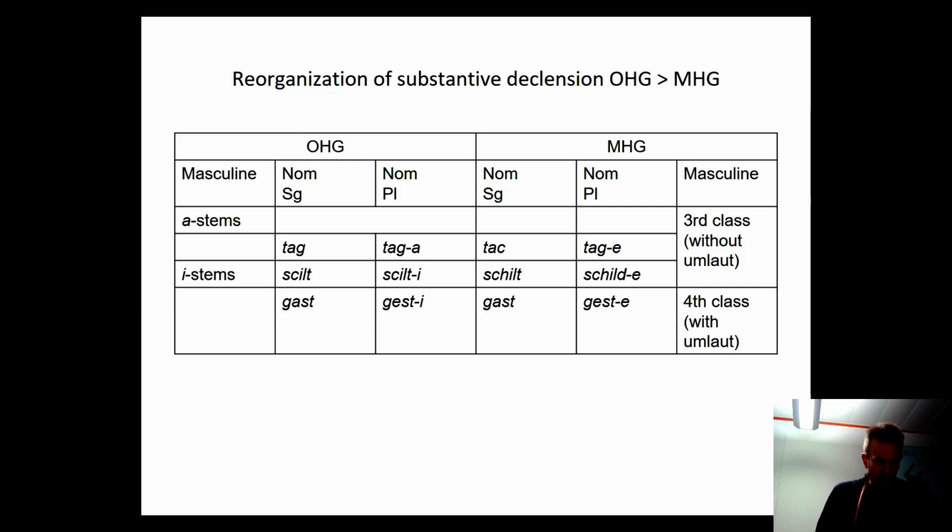The assumption that the presence of umlaut as a plural marker became the central criterion for the restructuring of the Old High German A and I stems, if not of the entire system, can now be substantiated by a series of further observations. Old High German I stems such as Skild, Skilti, whose root vowel cannot be subject to umlaut, no longer behave in Middle High German like their former Old High German classmates, but like the Middle High German successors of the Old High German A stems.